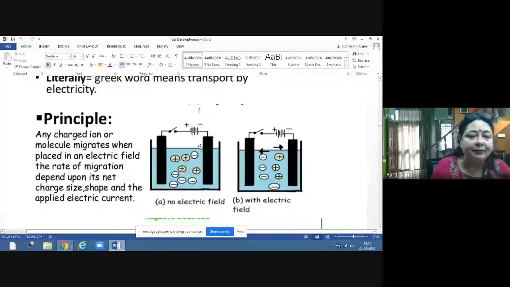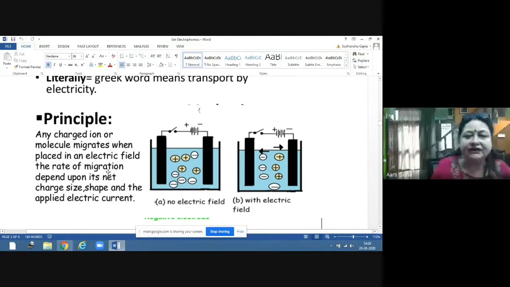Whenever there is a charged particle and we put the electric supply on, the negative will move towards the anode and the positive will move towards the cathode. This is with no electric field; when there is no electric field, they are all in the medium.